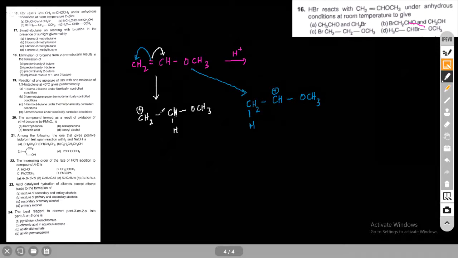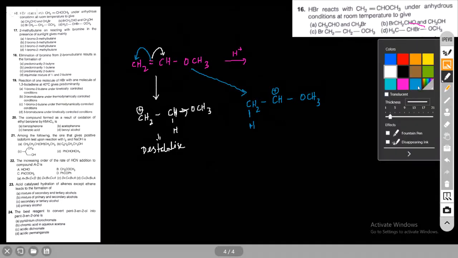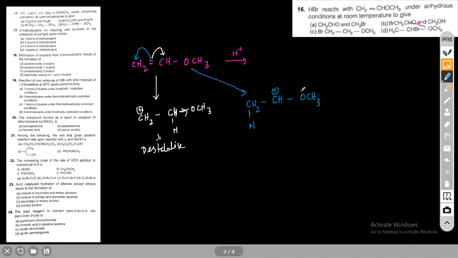Okay. So now you see what happens here. This positive charge is not involved in resonance, and because of the I effect of this OCH3 group, this carbocation is getting destabilized. But here, the lone pair on this oxygen atom is in resonance with this positive charge or vacant p orbital carbon over here.